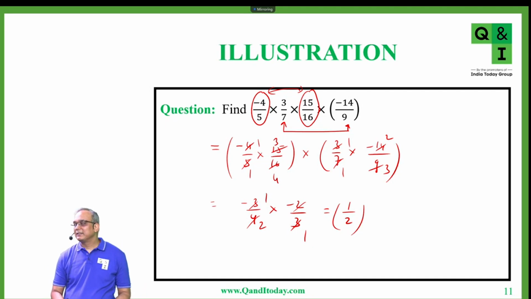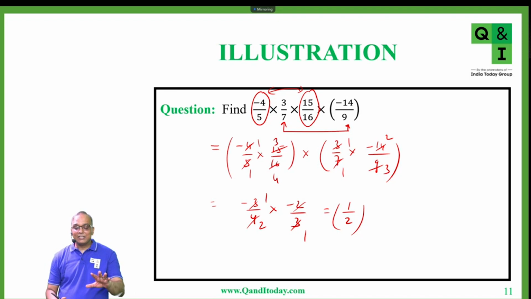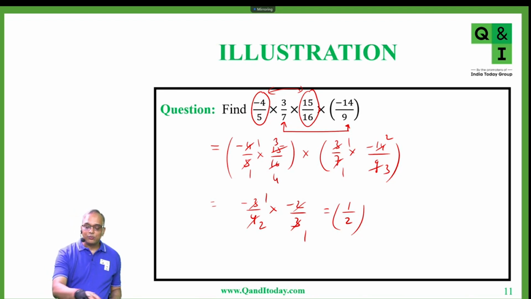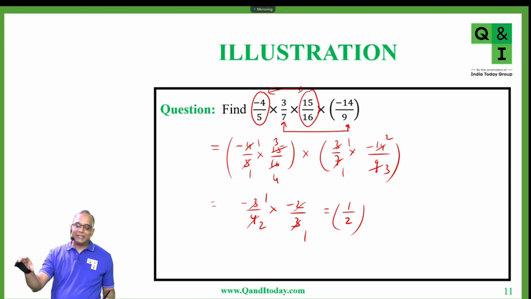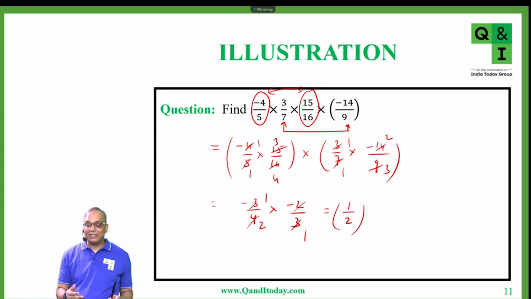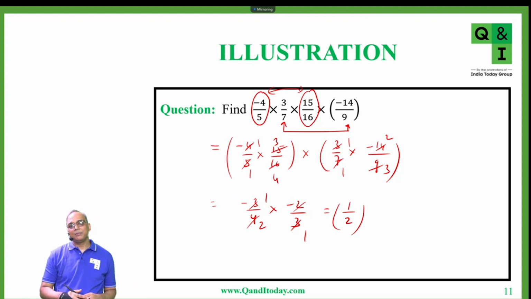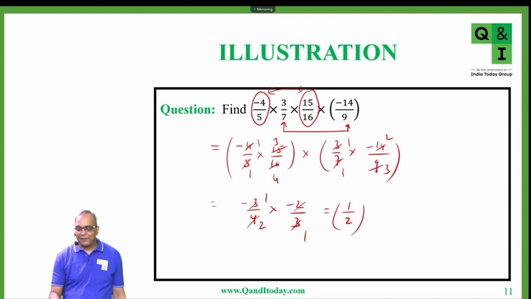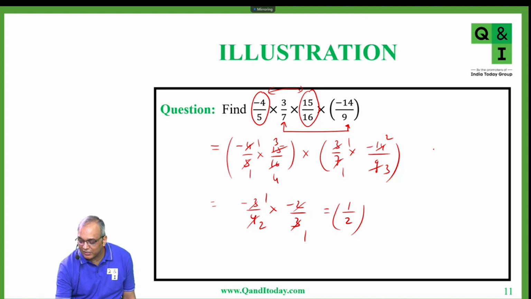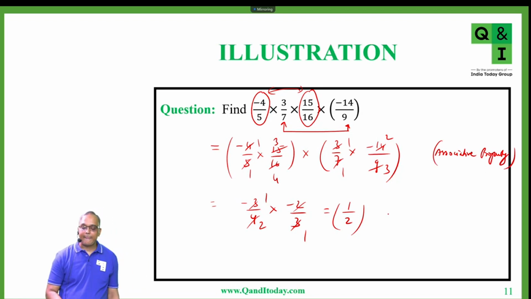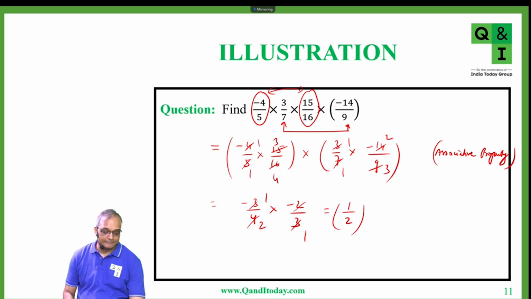Clear, students? Otherwise, you would have to multiply all the numerators and all the denominators, and then finally divide to get the answer. So it would be difficult again. So that's why we have used the associative and commutative property.